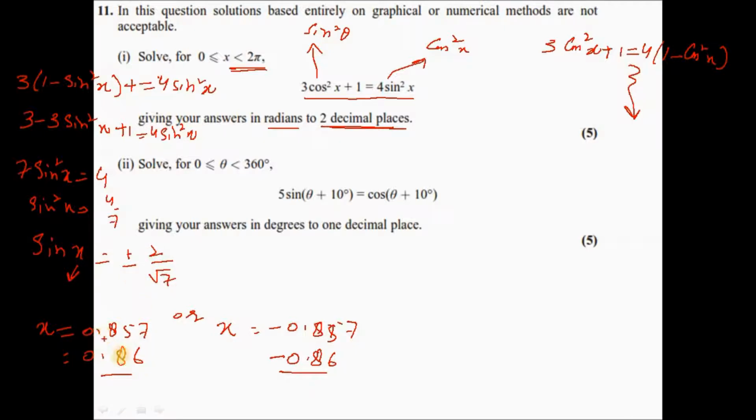Once we have the angle, the next step is to figure out the range of the angles. How do we do that? We draw the x-axis and the y-axis, and then 0.86. Because sine is positive, in the first and second quadrant sine remains positive, and this angle is 0.86.